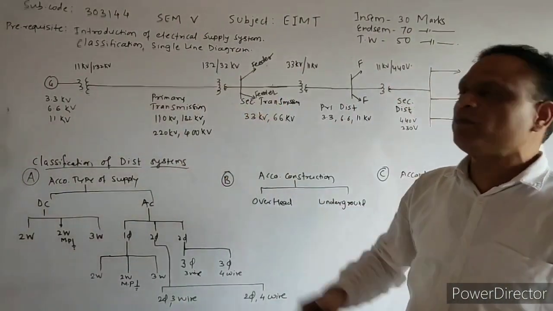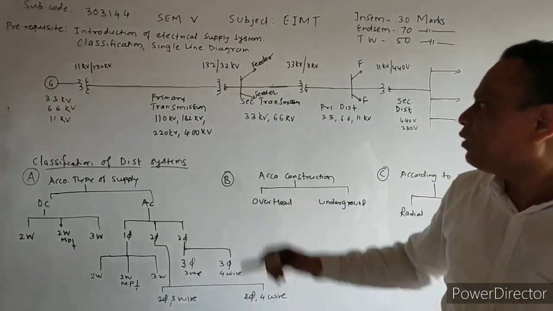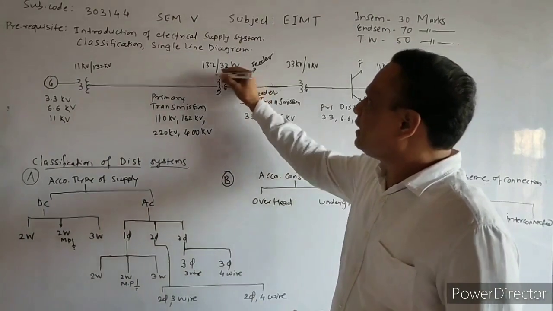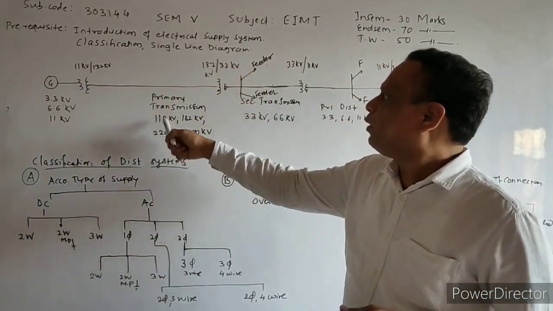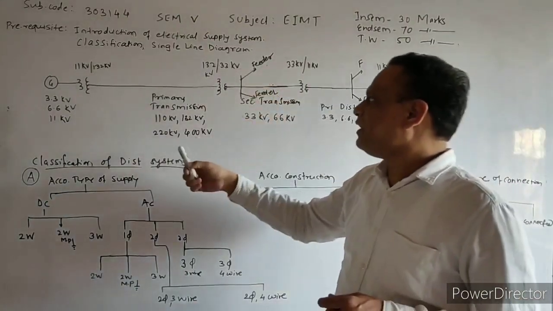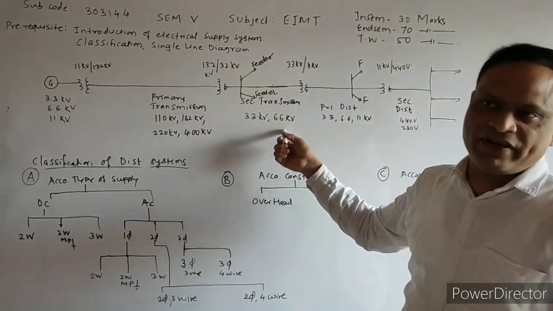So this step down transformer will reduce the voltage of 132 kV to 33 kV, or it may be 110 kV to 33 kV, or it may be 66 kV.